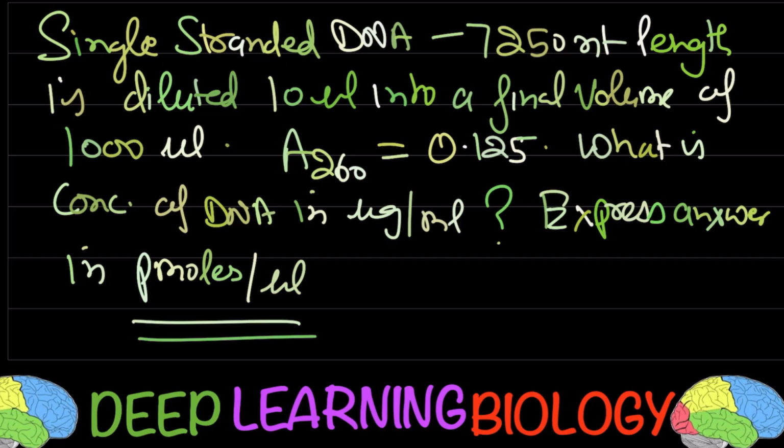So, single stranded DNA, length 7250 nucleotide, was diluted 10 microliter in a final volume of 1000 microliter. You get the absorbance, the OD value, 0.125. What is the concentration of DNA in microgram per ml? Express the answer in picomoles per microliter.